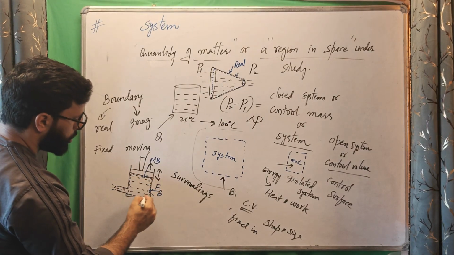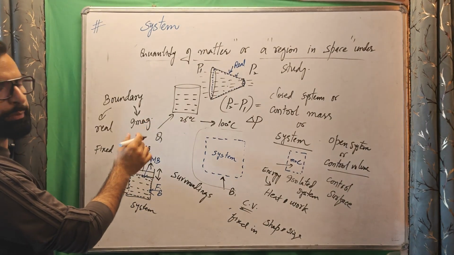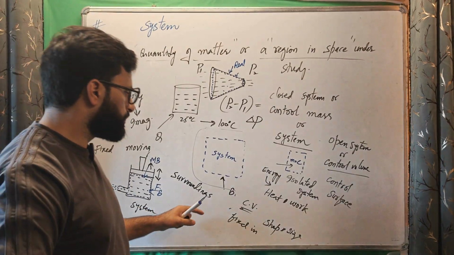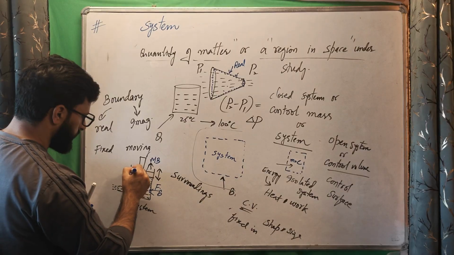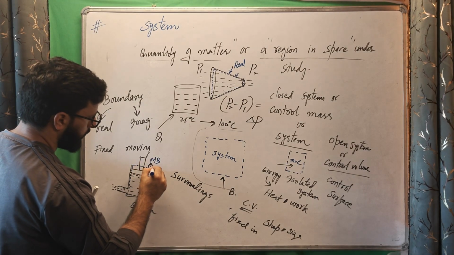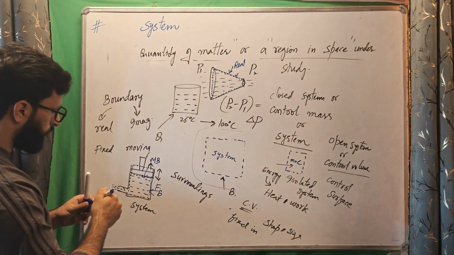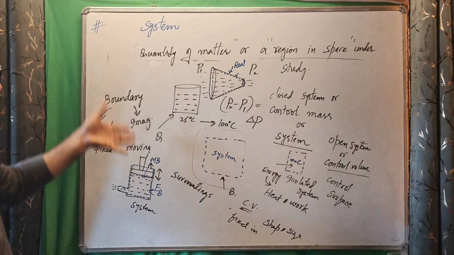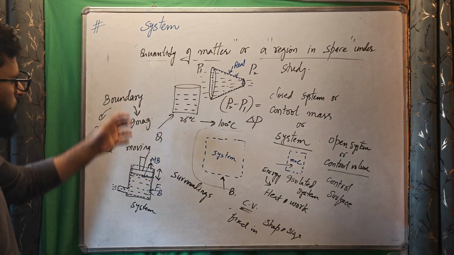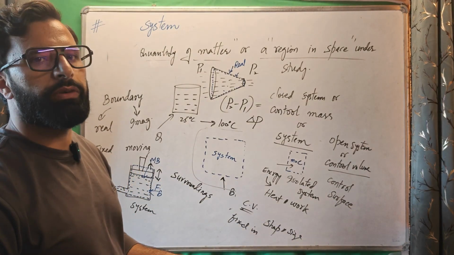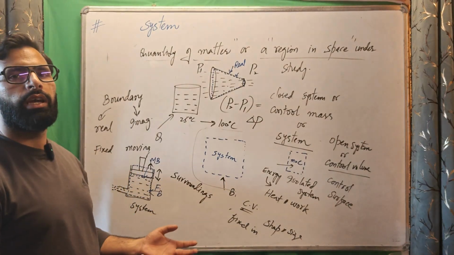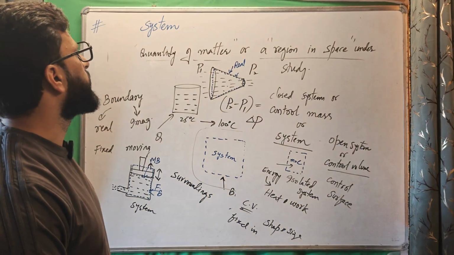So this control volume will be moving type. When gas expands, piston goes out, and our control volume is not fixed in shape or size, at least not in size. It is increasing in size. So control volumes can be fixed in shape and size, or they can be varying in shape and size.